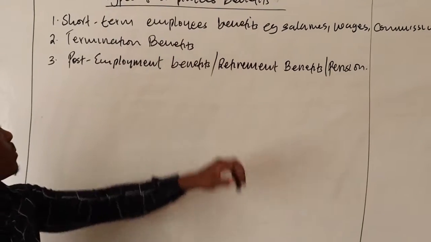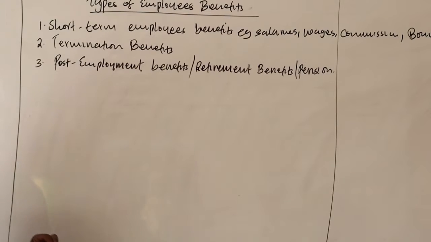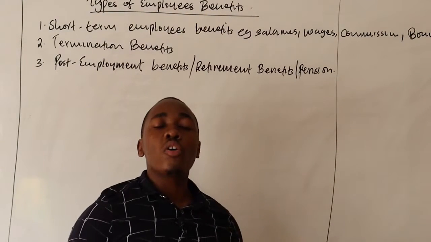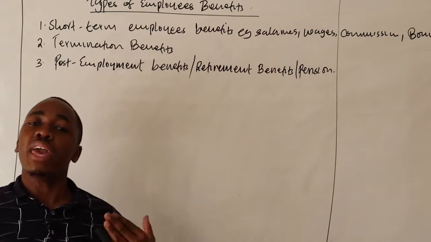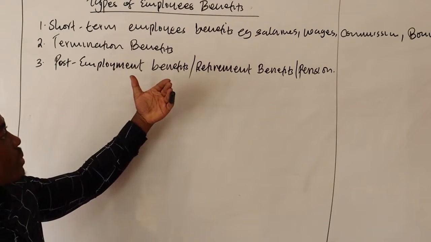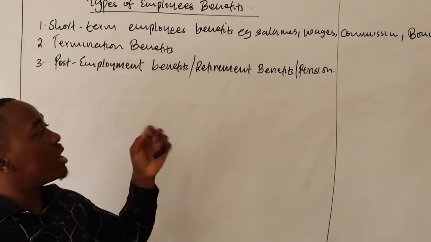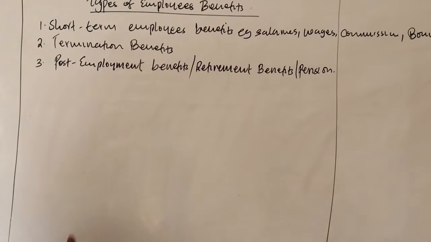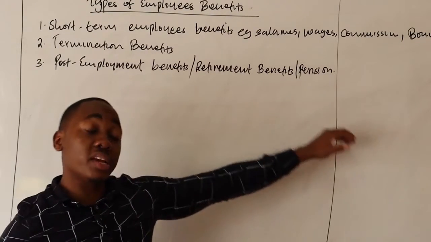Then we have termination benefits. They are benefits payable to an employee upon work being terminated by either the employee or the employer. And then we have number three, post-employment benefits, or retirement benefits, or the pension.